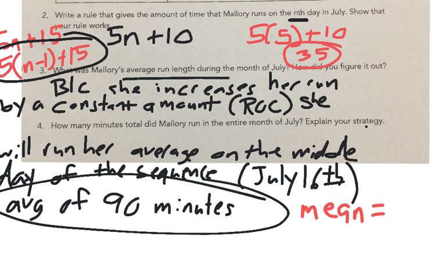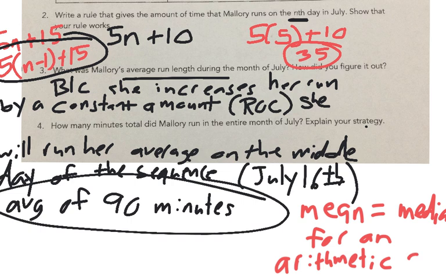Think about another fancy math word. Median. It was really the median this time. It was the middle number in the sequence. So the mean is always equal to the median for an arithmetic sequence. That's one of my $1 million words.